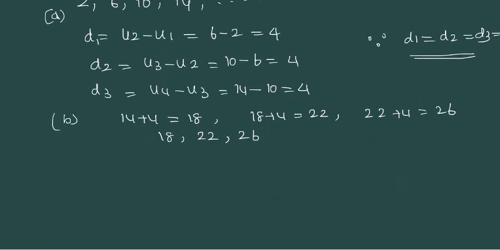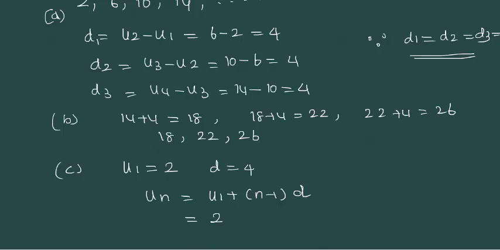Next you have to find the expression for the nth term of the sequence. This sequence has the first term 2 and common difference 4. And you know the formula for the nth term of an arithmetic sequence, that is u1 plus (n minus 1) times d. u1 is the first term, that is 2, plus (n minus 1) times d, where d is 4.